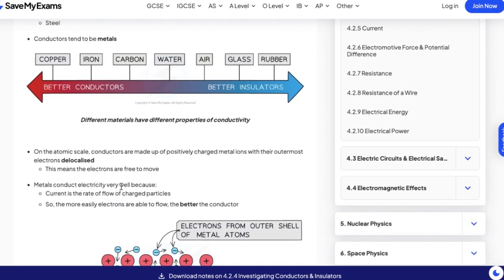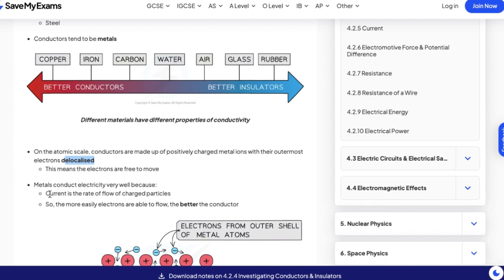On atomic scale, conductors are made up of positively charged metal ions, with their outermost electrons delocalized. They allow delocalized electrons to move about freely. Metals conduct electricity very well. Why? Because current is the rate of flow of charged particles.